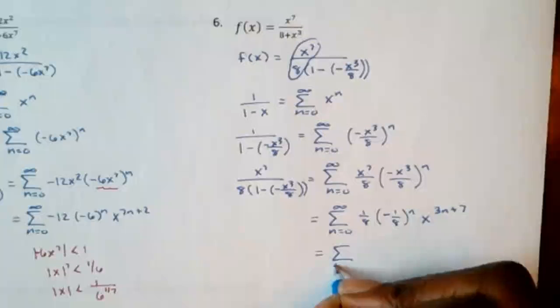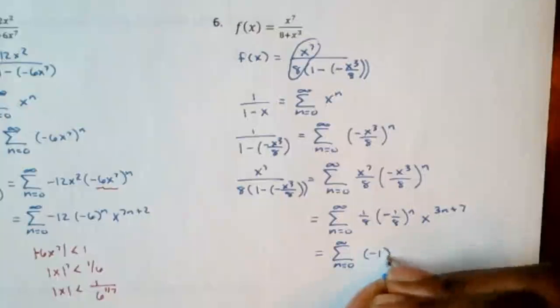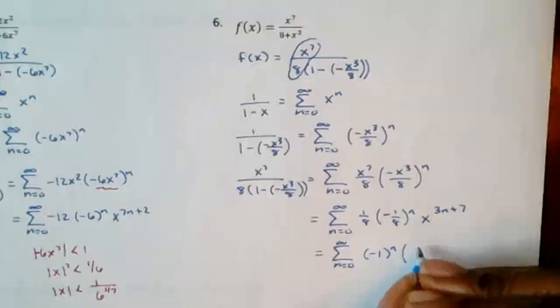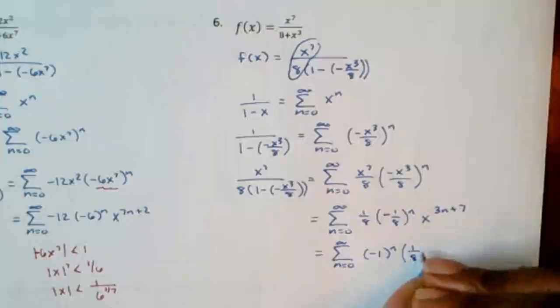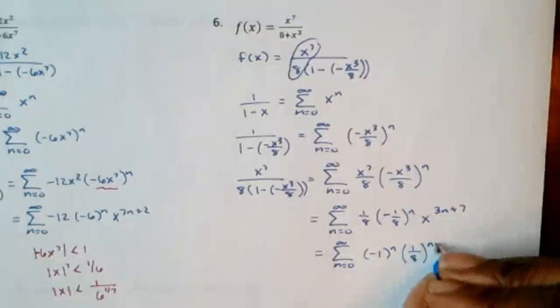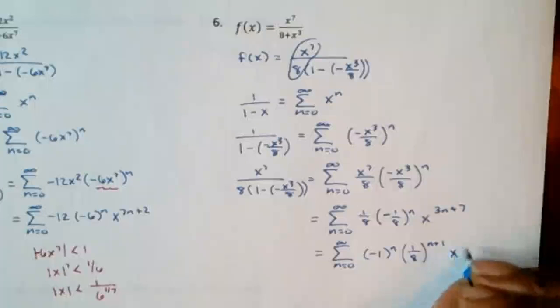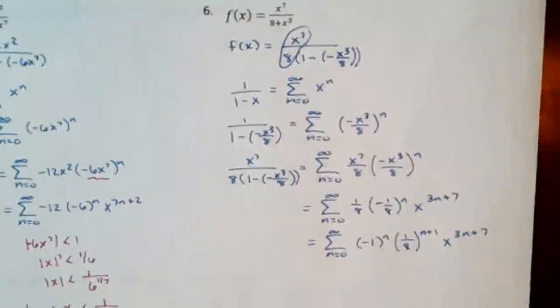And I could say the sum n equals 0 to infinity of negative 1 to the n, and then 1/8 to the n plus 1, and then x to the 3n plus 7. And again, I just use properties of exponents to kind of work that out a little bit.